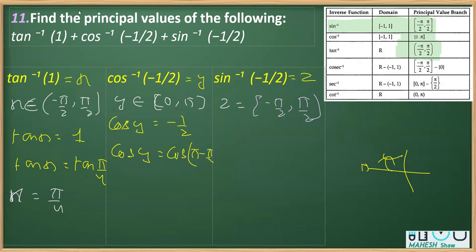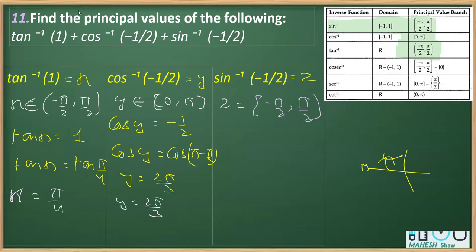So y is equal to pi minus pi by 3, which is 2 pi by 3. So we got y as 2 pi by 3.